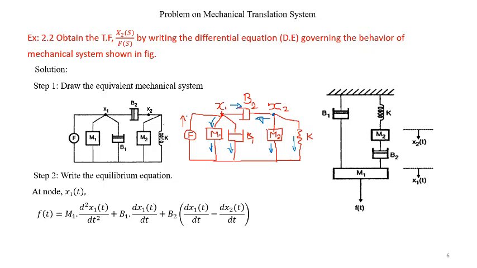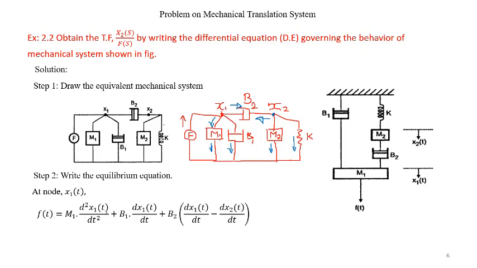This is the input force F of t, which is at node x1, and output is equal to m1 into d square x1 of t by dt square plus b1 dx1 divided by dt plus b2 into the net change in velocity from x1 to x2. It is written as dx1 by dt minus dx2 divided by dt.